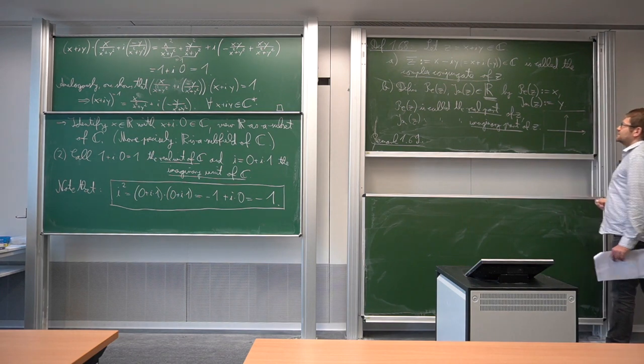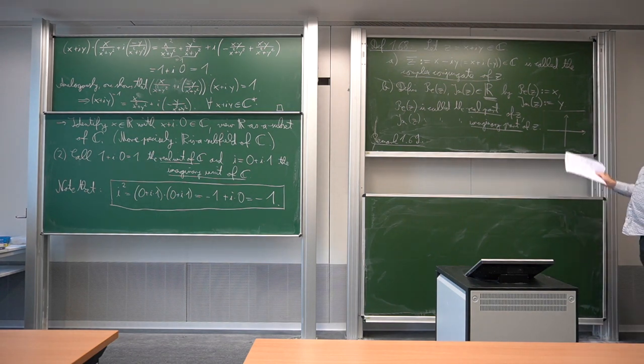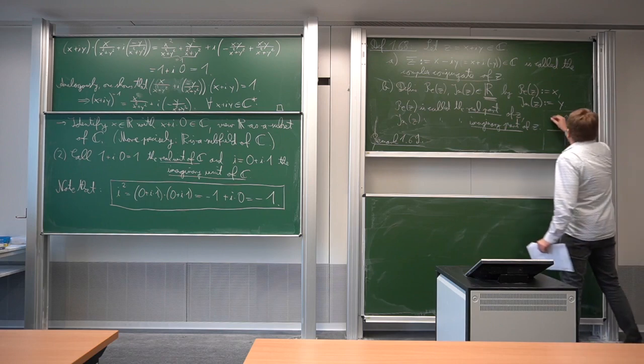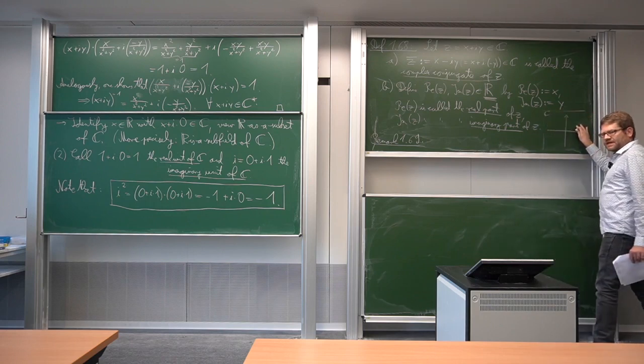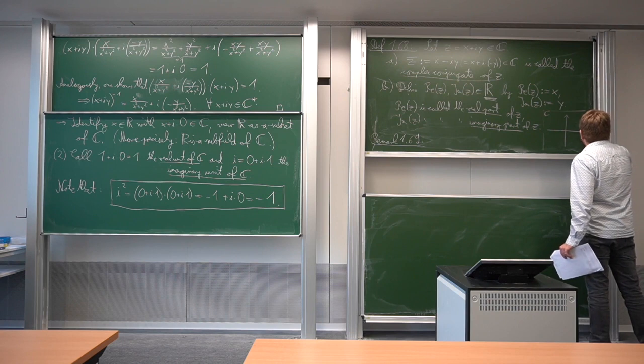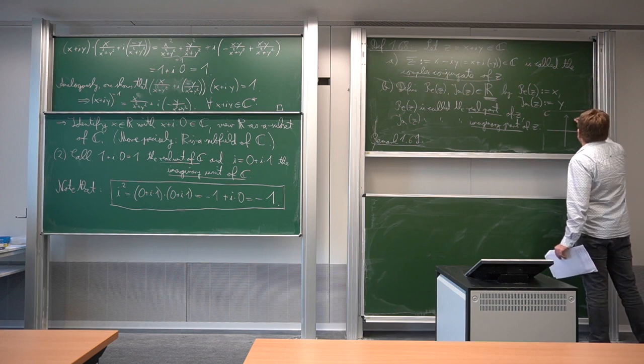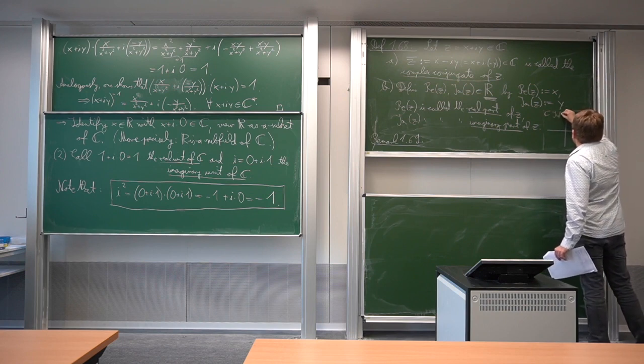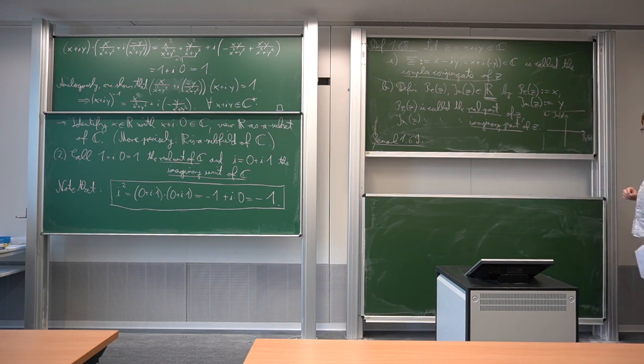If we take a look at how we viewed it as R2, it was just the real part and the imaginary part that were the coordinates of this point. So we can always write C in some coordinate system as the plane, where this coordinate is the real part of z, and this is the imaginary part of z. This is what we will do frequently.